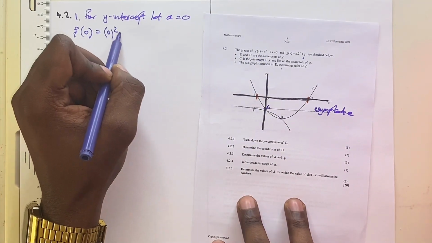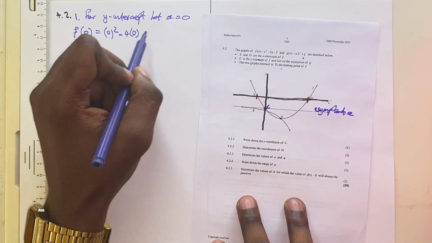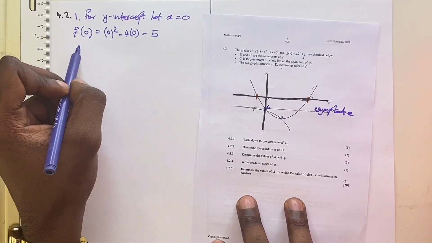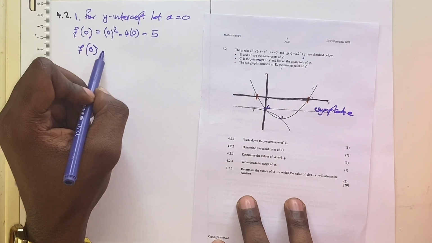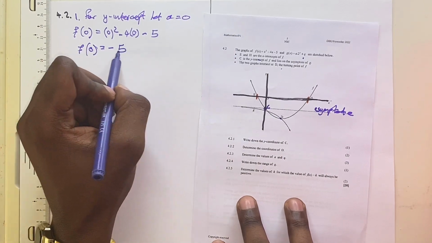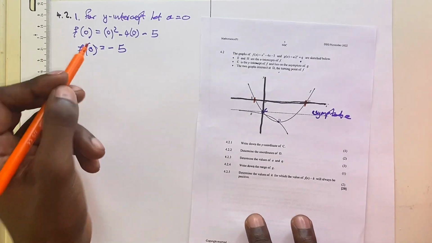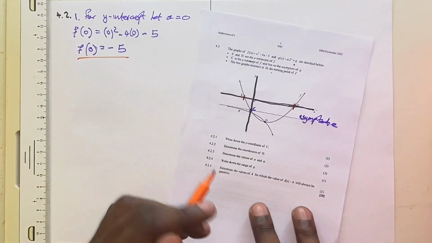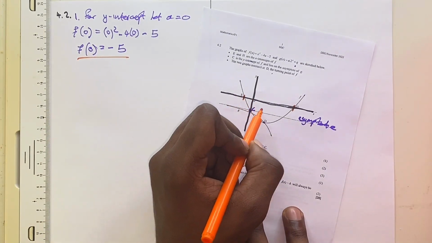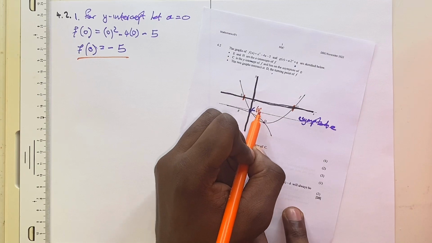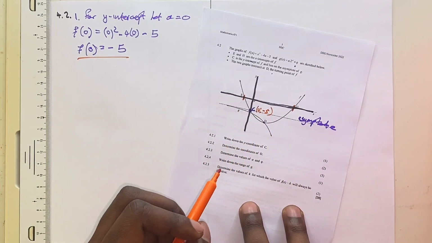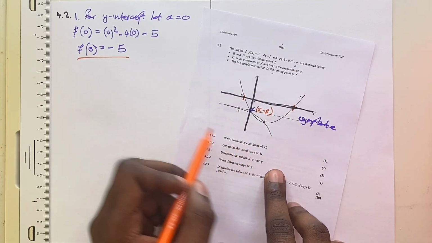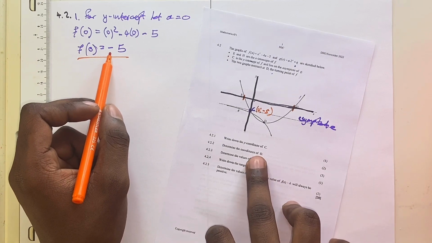So I'll have 0 squared minus 4 into 0 minus 5. Therefore, f at 0 is equal to minus 5. This is the y-intercept. Therefore, C here is at (0, minus 5). Therefore, the y-coordinate of C is minus 5.